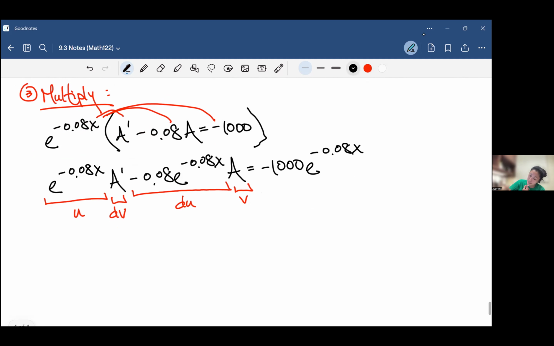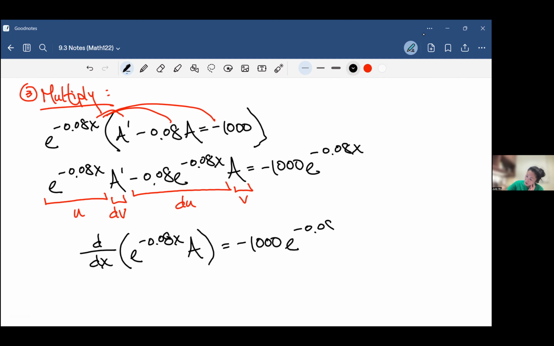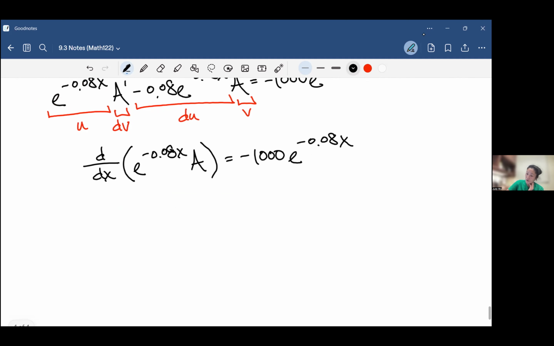So what that means is I can write this left-hand side as the derivative of u times v equals my right-hand side. Now we're going to go ahead and integrate.